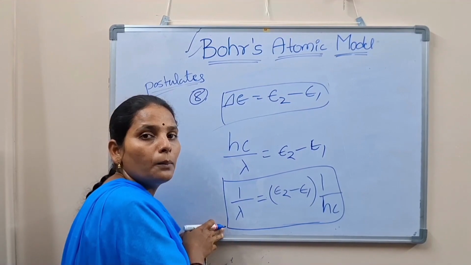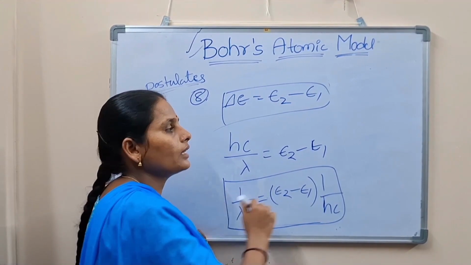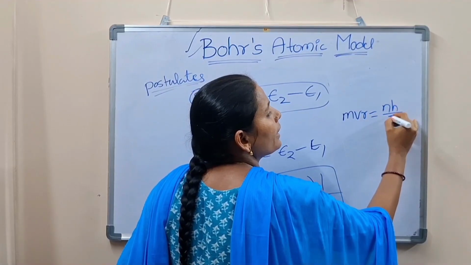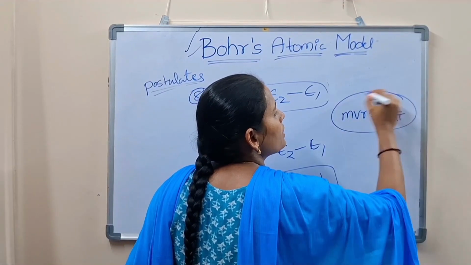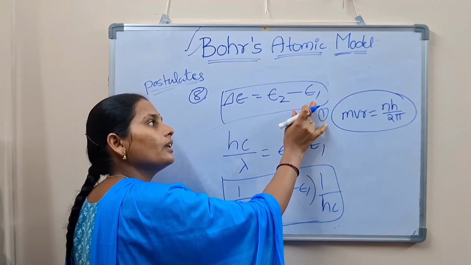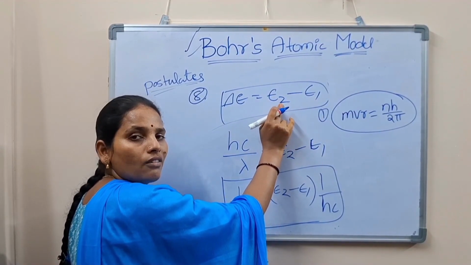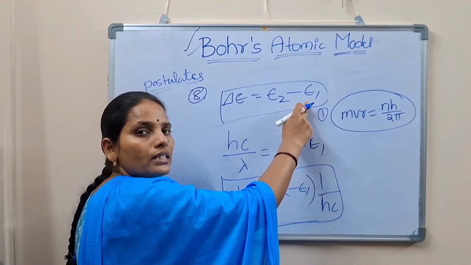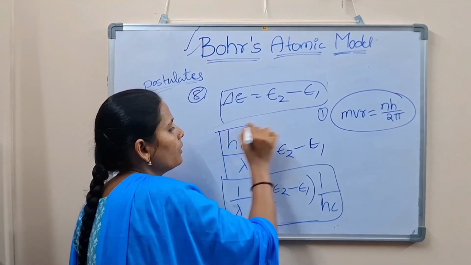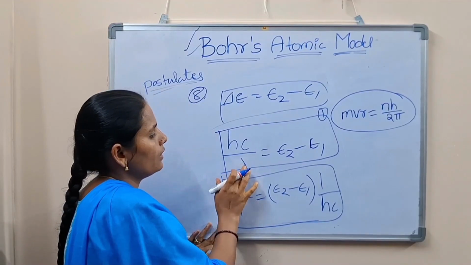In this Bohr's atomic model we are seeing mainly two equations. That is mvr equal to nh by 2 pi. This is the first one. Here delta E equal to E2 minus E1. E2 is the higher energy level of the electron, E1 is the lower energy of the electron. From this we are getting hc by lambda equal to E2 minus E1.